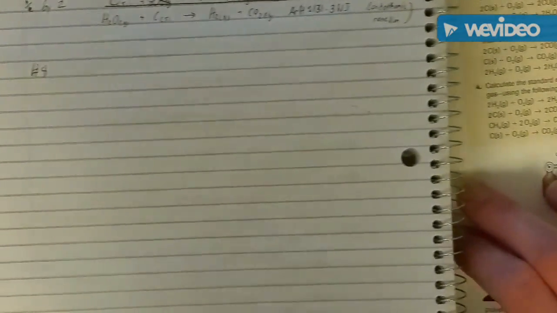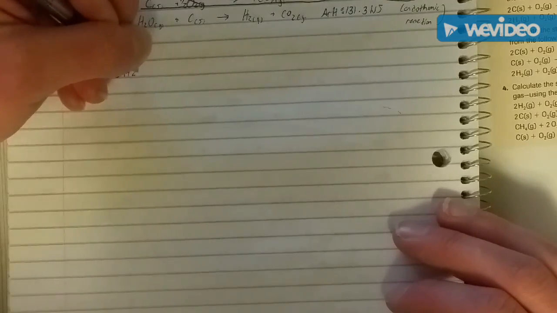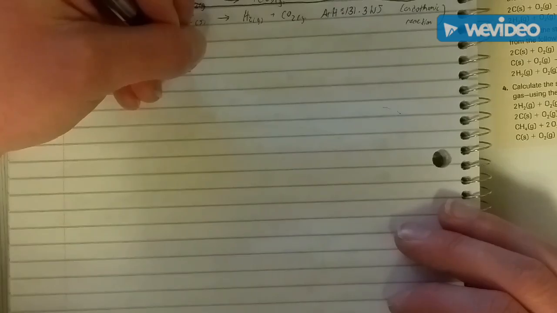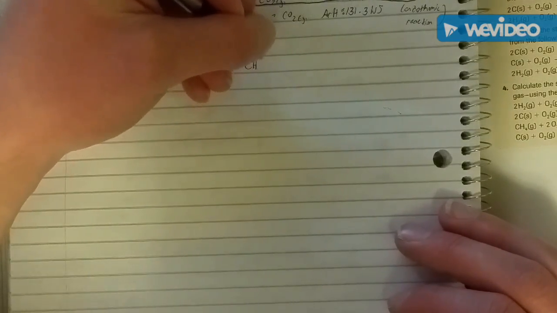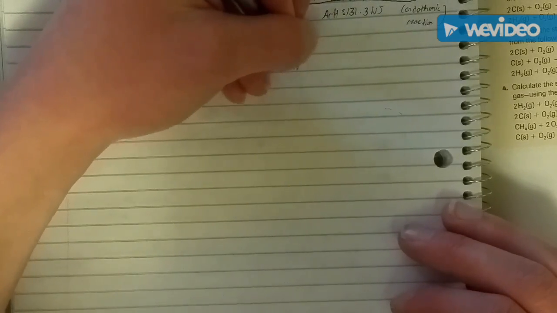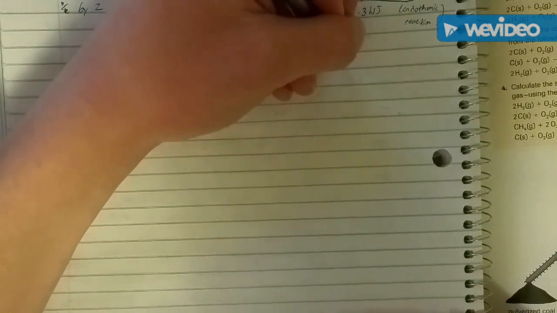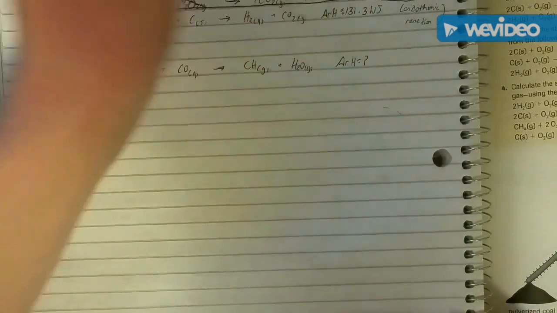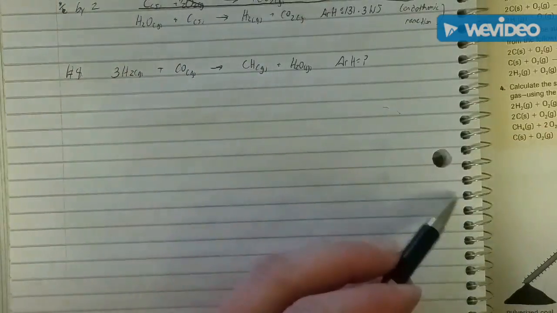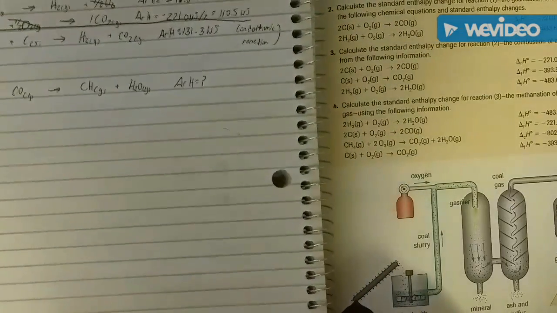So looking above, it says we need 3H2 gas plus carbon monoxide gas to form methane plus H2O gas. And we're to find our delta RH of this reaction by using these basic steps.